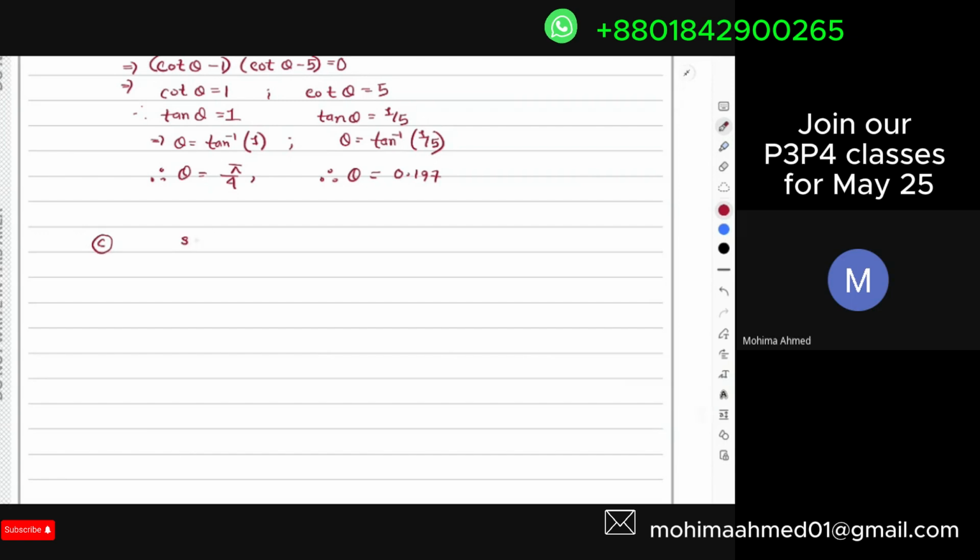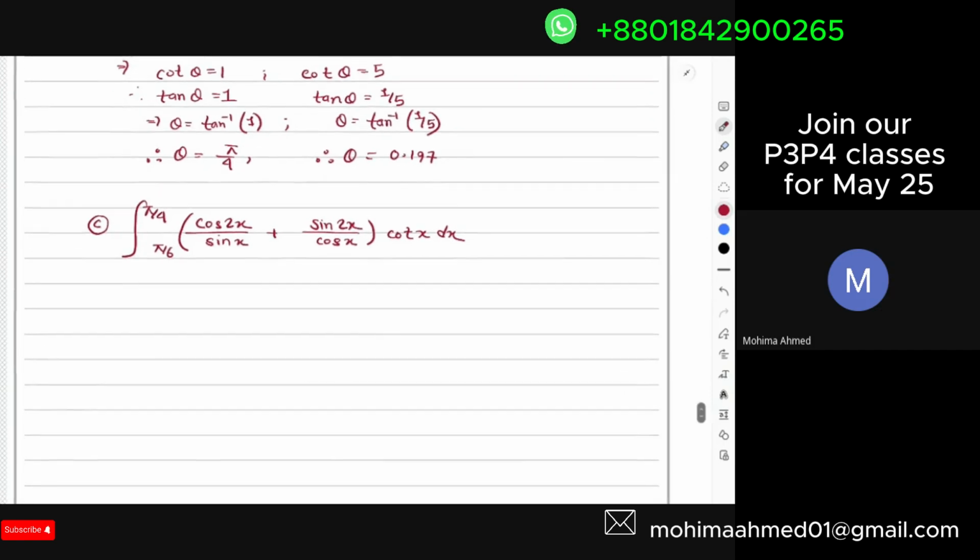We have cos x over sin squared x, and pi by 6. If we integrate this entire part, this is actually cosec x cot x, right?